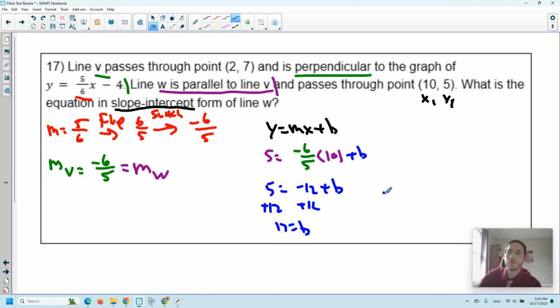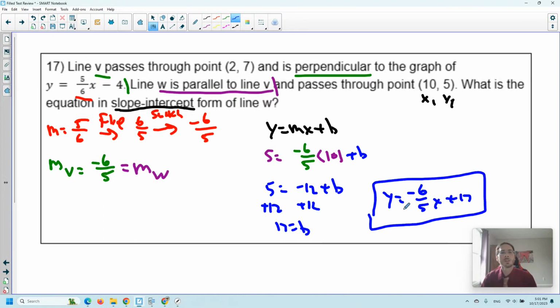Final answer: y equals negative 6/5 x plus 17. So that's pretty good. The confusing part is figuring out what to do with all of those parallels and perpendiculars. But the goal is to stay slow and steady, take it nice and calm, one step at a time, and then you'll be all good. That's what we got.